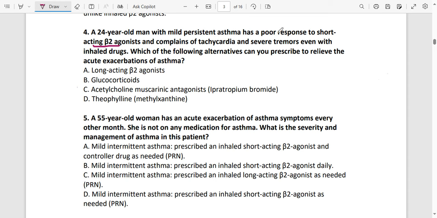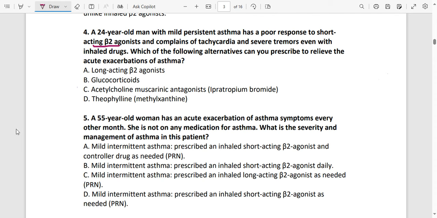Remember, there is poor response and he is complaining of tachycardia. You know the reason, right? And severe tremors, even with inhaled drugs. Which of the following alternatives can you prescribe to relieve the acute exacerbation of asthma? Long-acting beta-2, glucocorticoids, acetylcholine muscarinic antagonists like ipratropium bromide, theophylline, which is a methylxanthine.